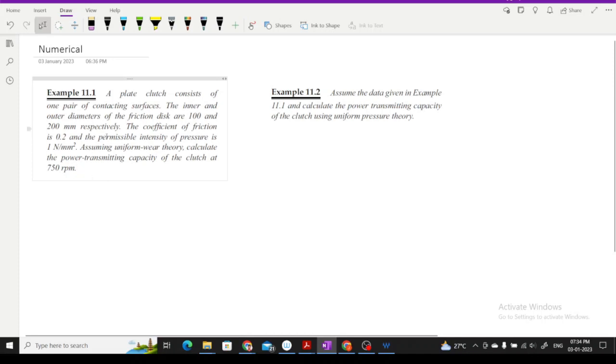Can you calculate this one? In the next example, it is uniform pressure theory, so I guess both are the same. Can you try this example? Please calculate and let me know what answers you are getting.